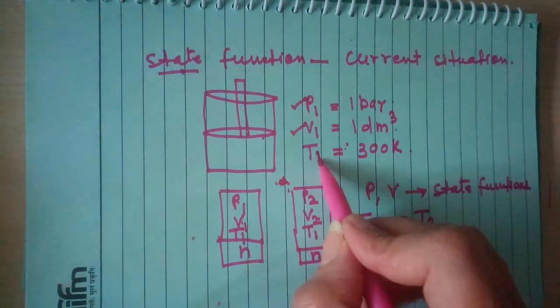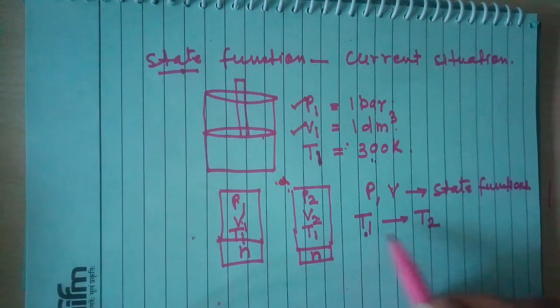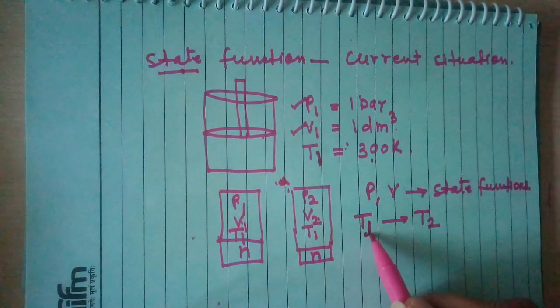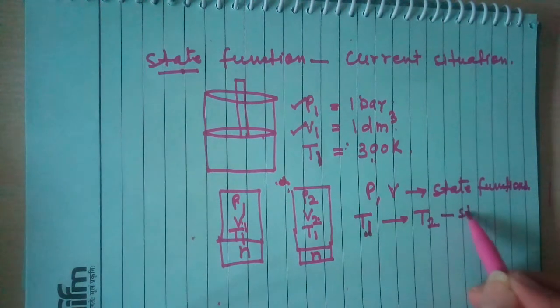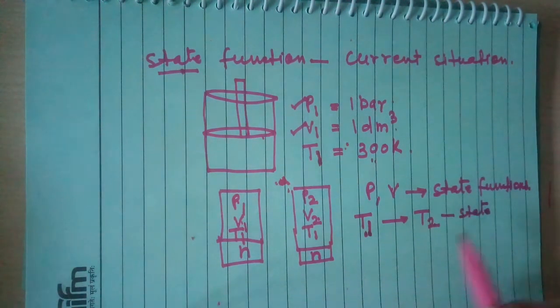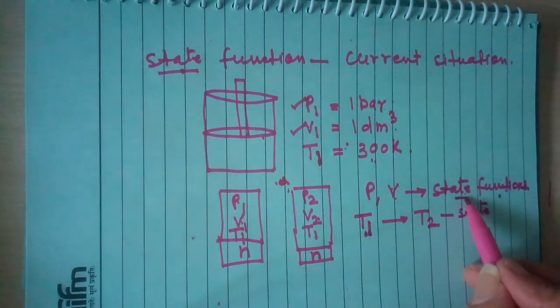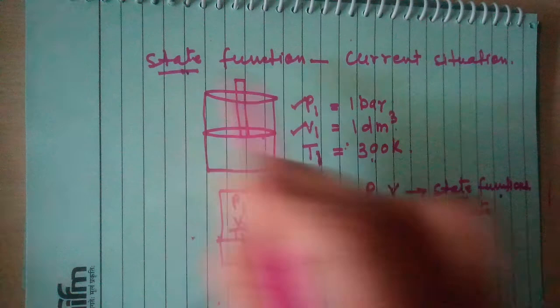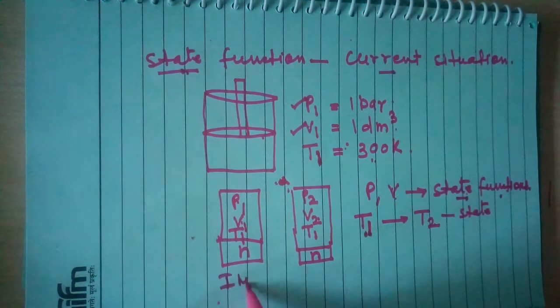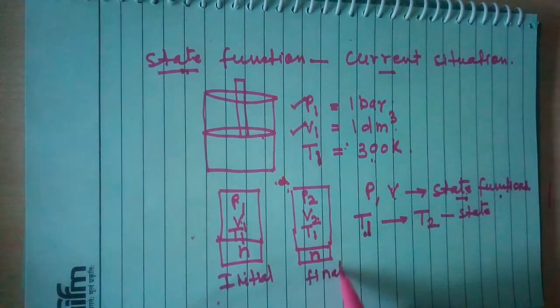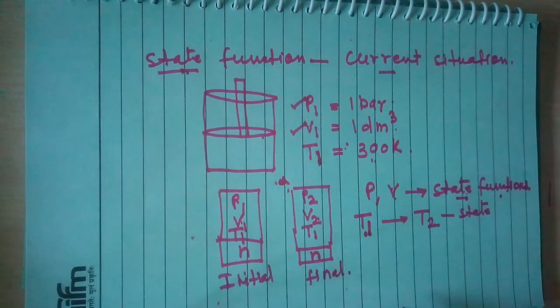So pressure and volume in this example can be called state functions because their values depend on the current situation, the initial and the final situation of the system. So these are called state functions.